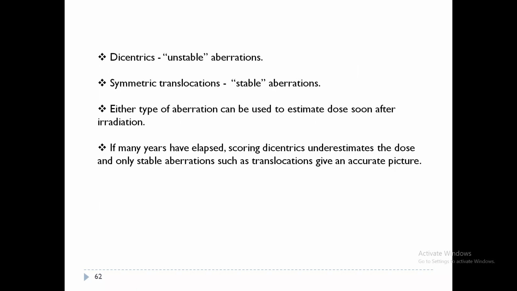Dicentrics are unstable aberrations, while symmetric translocations are stable aberrations. Either type can be used to estimate dose soon after irradiation, because both aberrations will be present in the cell. But if many years have elapsed, scoring dicentrics underestimates the dose, and only stable aberrations such as translocations give an accurate picture.